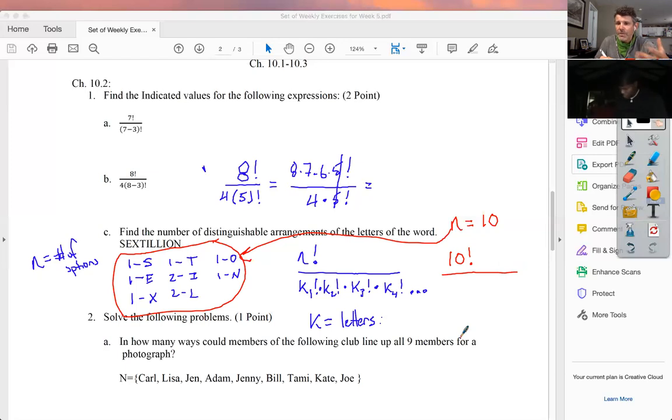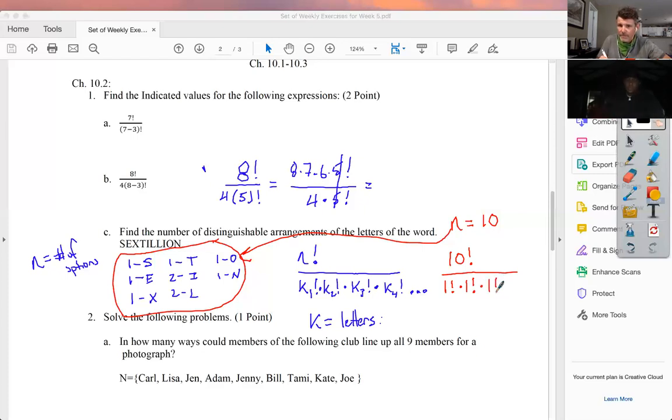And then we would start going through our different choices that we had. So for the S's, we had 1, so we would do 1 factorial. So that represents the first K value. For the E's, we had 1, so we would do times 1 factorial. For the X's, we had 1.